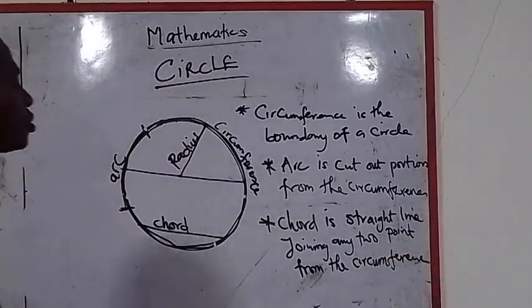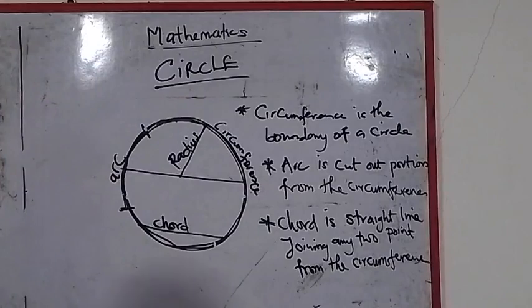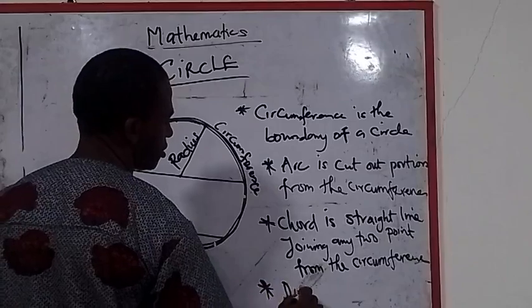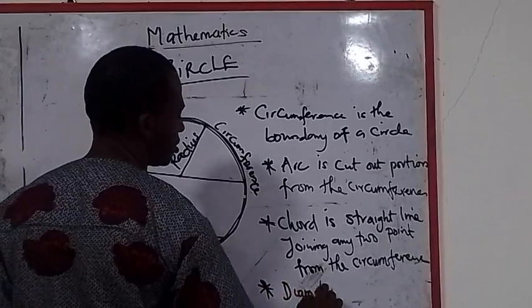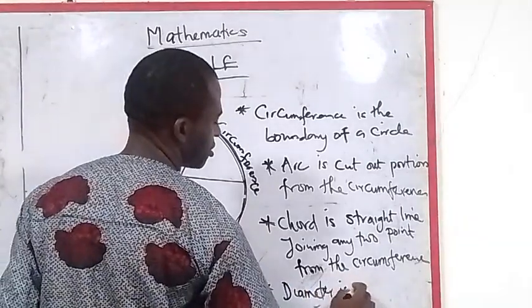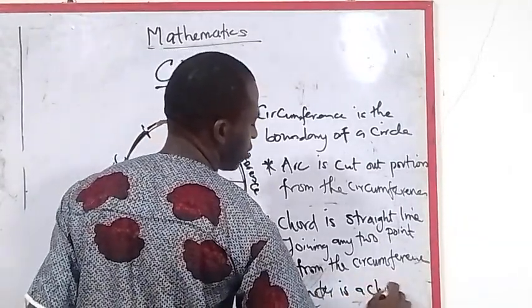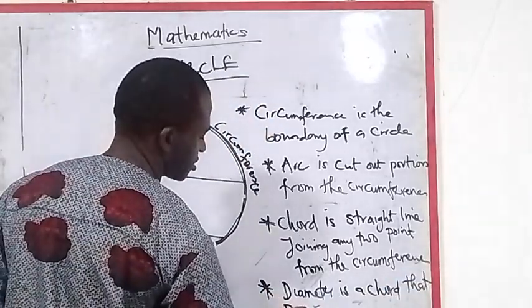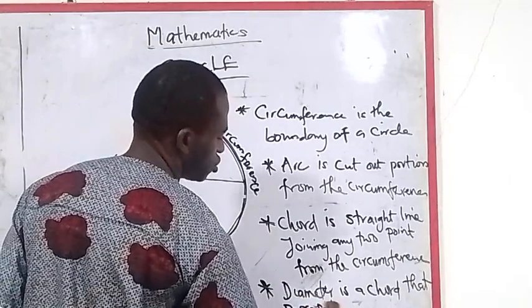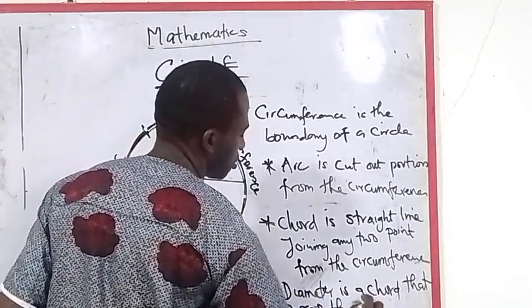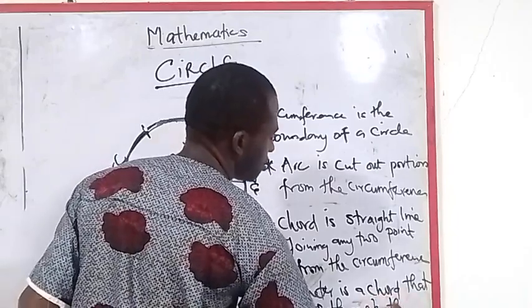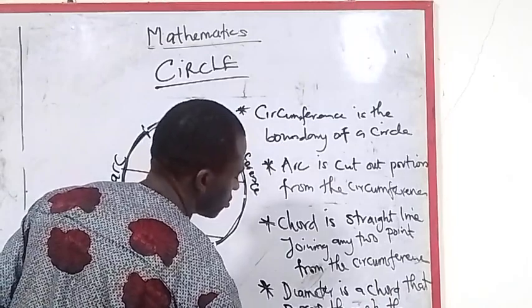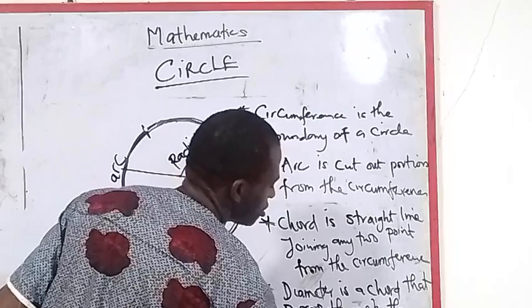Can you see that? So we talked about diameter. Diameter is a chord that passes through the center of a circle.